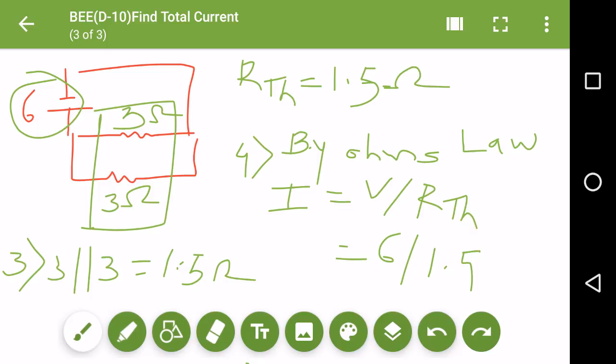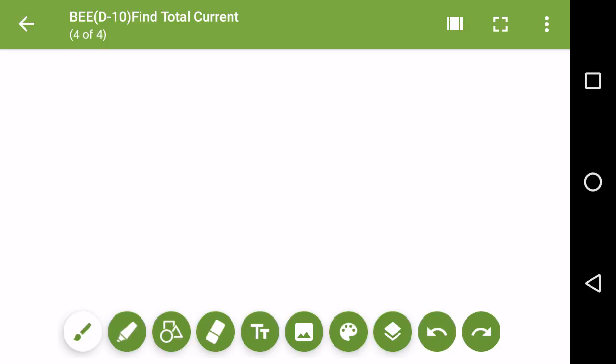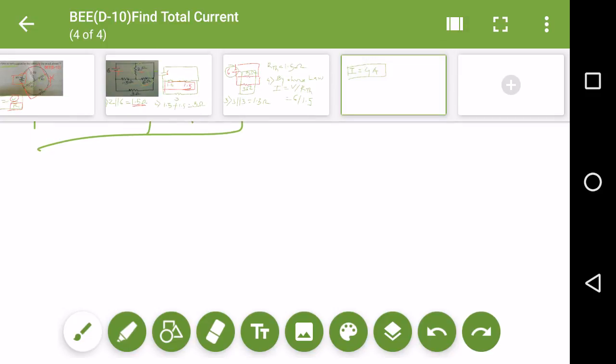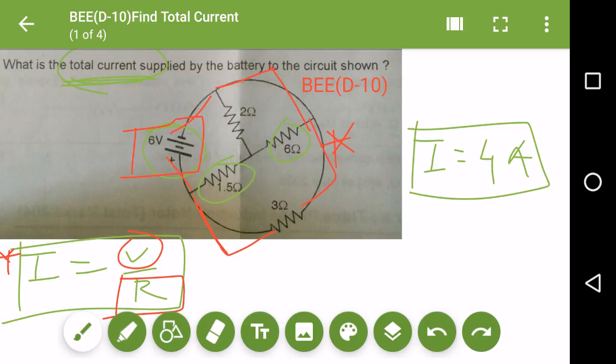Sorry for that loud telephone tone. After solving this, you will get the current value, that is I, is 4 amperes. So that is what we were asked in this problem, to find the total current, and that is I, which is 4 amperes. Okay, thank you.